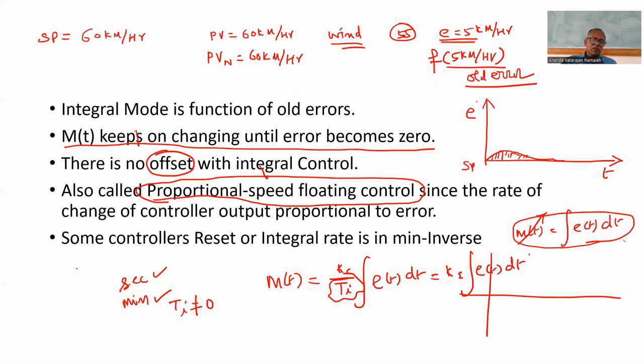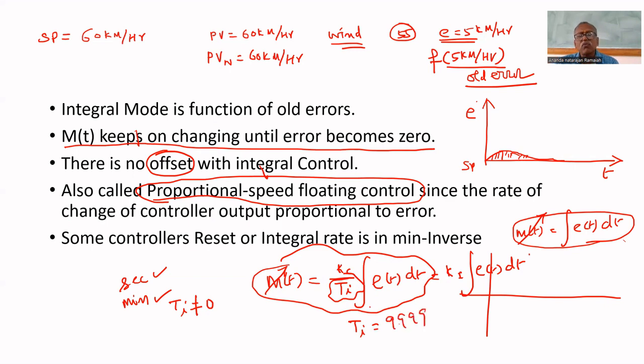That's why, if you want to use P only, we have to remove the integral mode from the calculation, or we can enter the largest value. Suppose the largest possible value is 4 digits, then we can enter 4 nines. So that it will be negligible; almost we are dividing the controller output by 10,000.